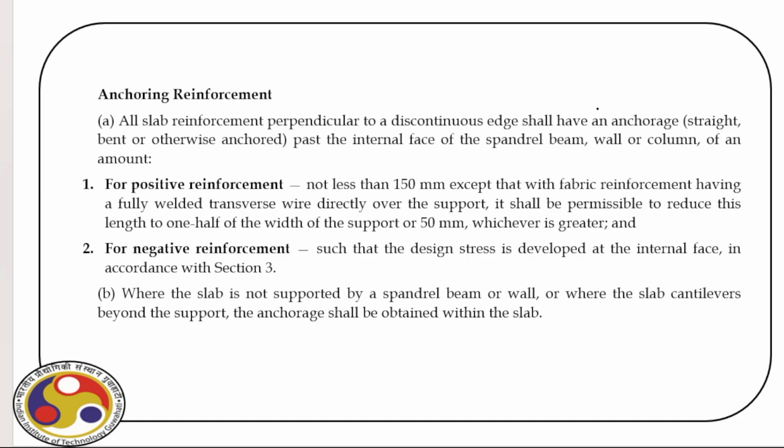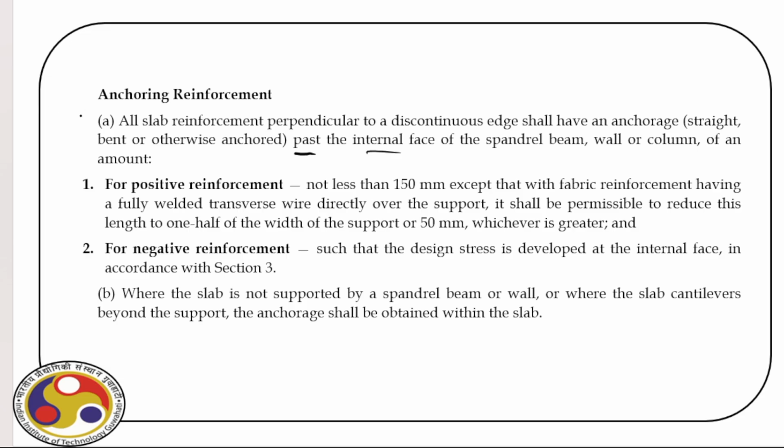Now, obviously, when we design any reinforcement, anchoring of reinforcement is important. So, all slab reinforcement particular to a discontinuous edge shall have an anchorage. For that, we have straight, bent, or otherwise anchored past the internal face of the spandrel beam, wall, or column.